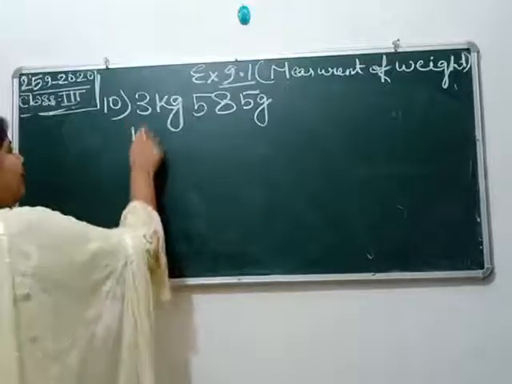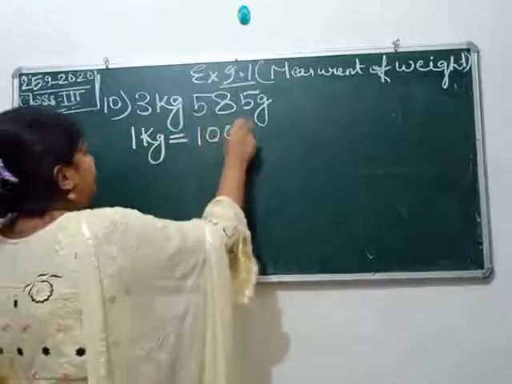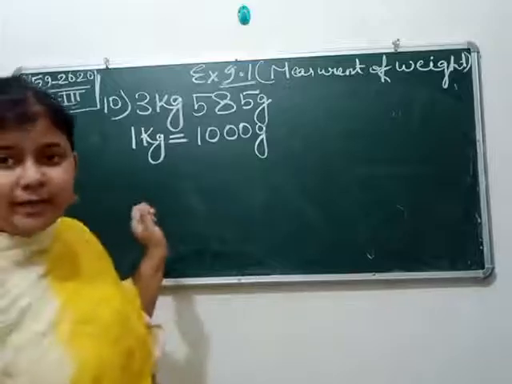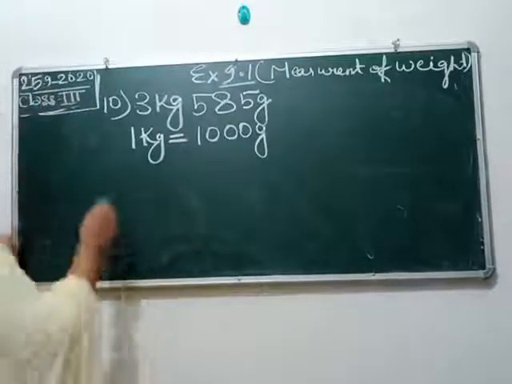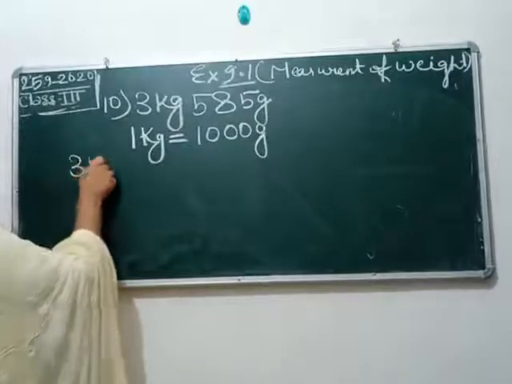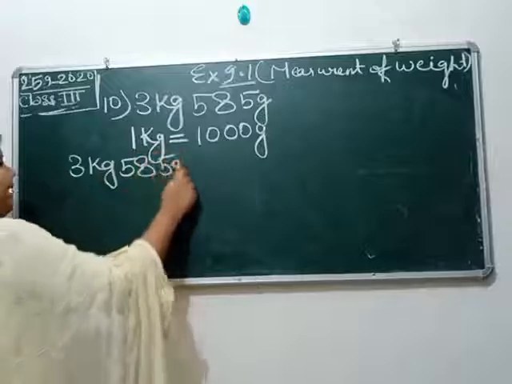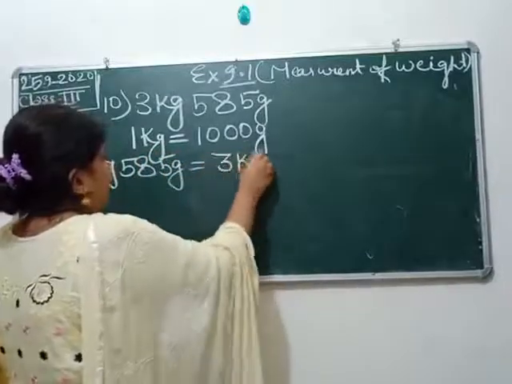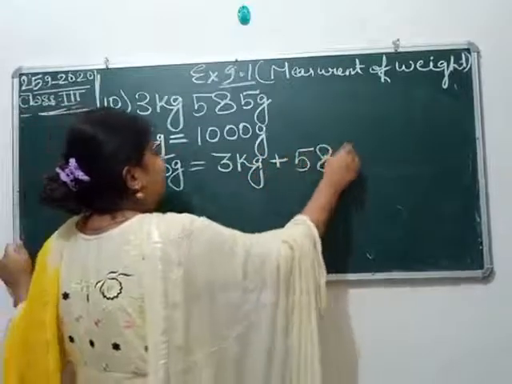So, 1 kg is equal to 1000 gram. Here I am having 3 kg 585 gram. 3 kg 585 gram equals 3 kg plus 585 gram.